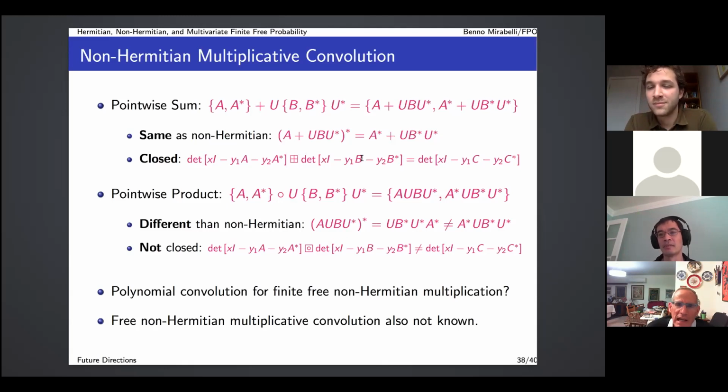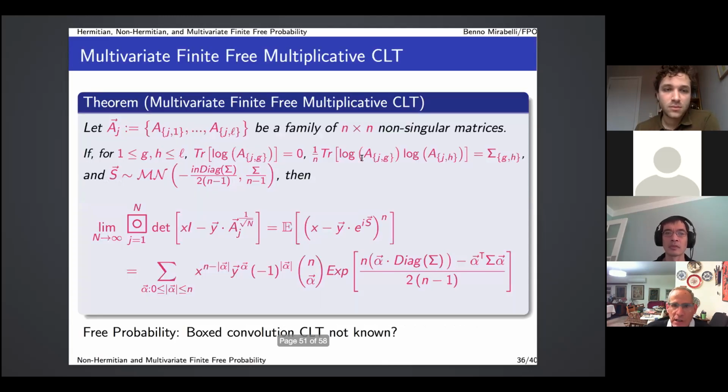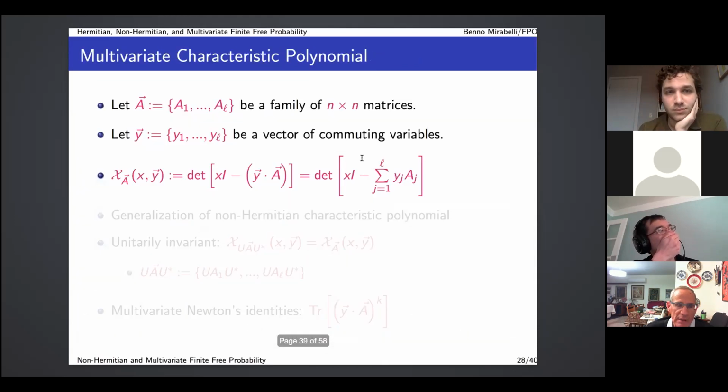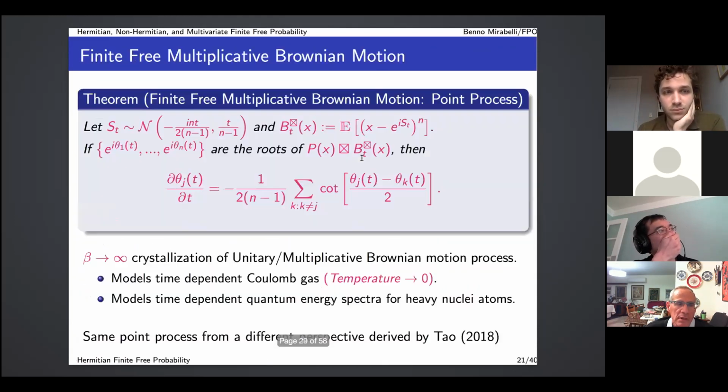I wonder, in some of the results, you could choose several expressions to begin with. For example, in this basic polynomial decomposition, you could start with many expressions, right, where the expression was not unique, and still the result always holds.